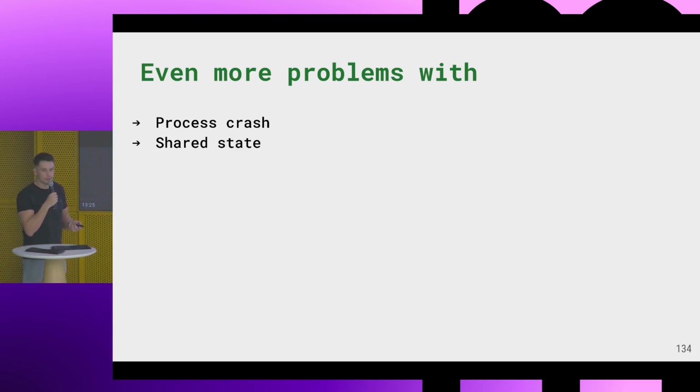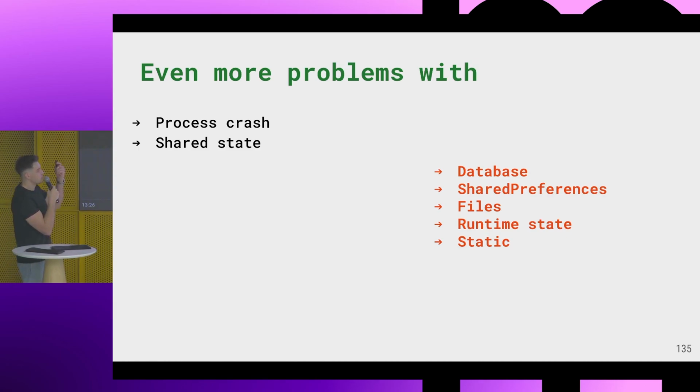Also, they can share some state. If some test, for example, authorizes the app, the second cannot expect the application to be in the authorized state. Yeah, the tests can share some state in the memory or the static, and this all leads to flakiness.